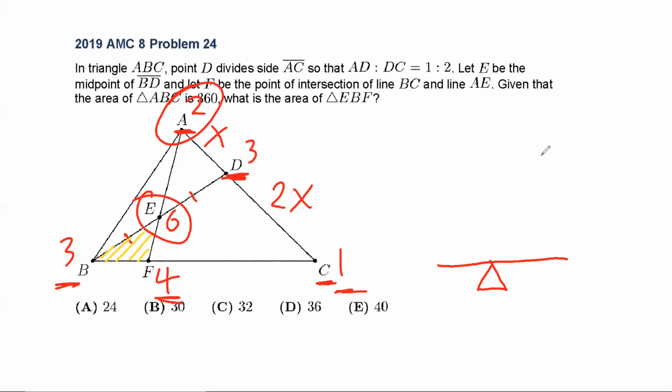So what we've done is we've assigned every single point in this figure with a weight. And what this gives us is some new information. And one of these pieces of information is that the ratio of BF to FC is 1 to 3. So does everybody follow that so far?